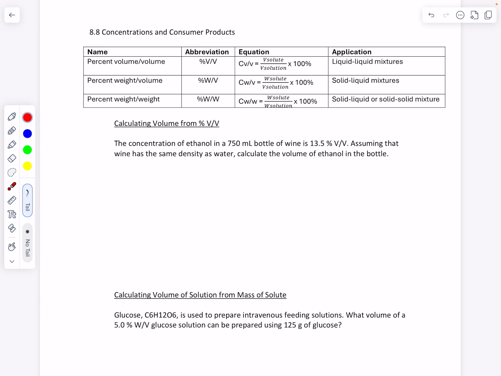Let's look at our equation for the concentration of volume per volume. The concentration of volume per volume is equal to the volume of the solute divided by the volume of the solution times 100%.